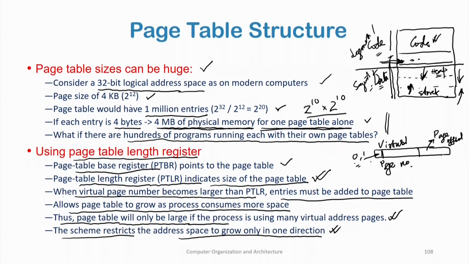Therefore, this bit will tell me whether to look into the page table of segment 1 or into the page table of segment 2. Each of these page tables will have its own length register. So, the situation, if we want to say it again, is something like this.